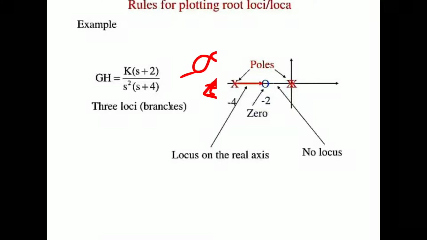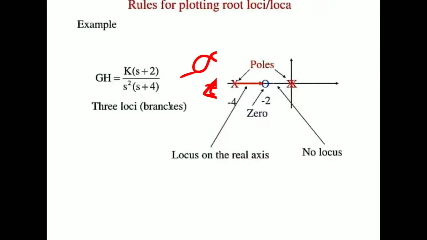There are 4 roots: one at minus 4, one at minus 2 and 2 poles at 0. So a total of 4 roots are on the right side, but the condition is that there should be an odd number of roots to the right side of the particular endpoint or segment. So there are 4 roots, that's why minus infinity to minus 4 is not a part of root locus.